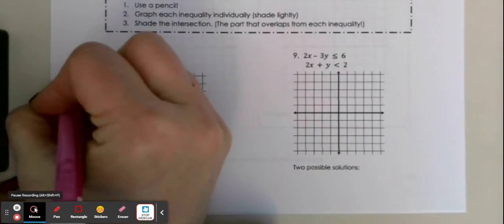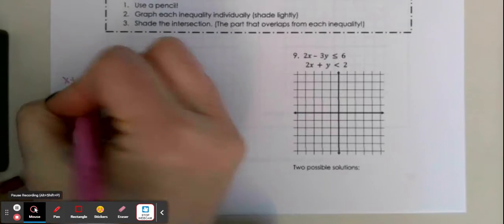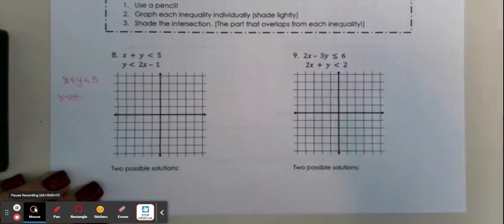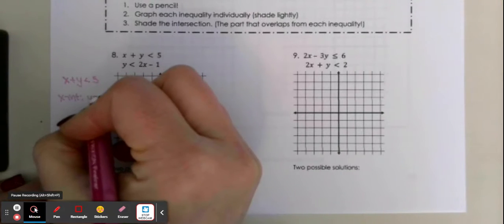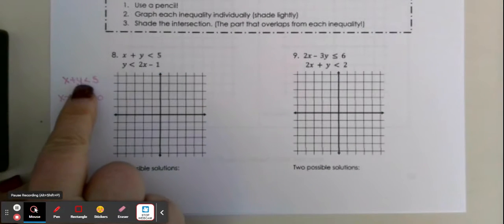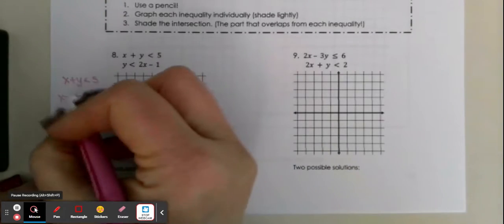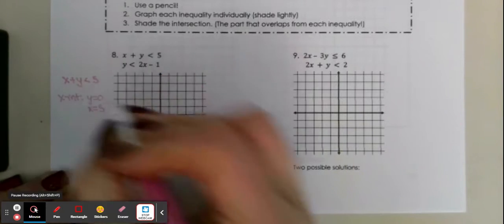So if I have x plus y is less than 5, I'm going to find my x-intercept first, which is the value of x when y equals 0. So I'm going to not pay attention to that less than sign here. I'm just going to imagine y equaling 0, and what I have left is x equaling 5.